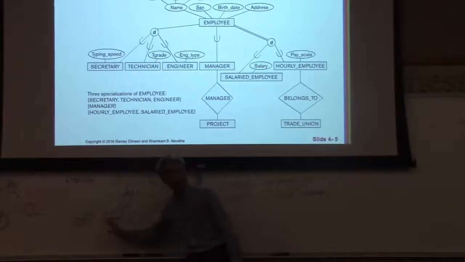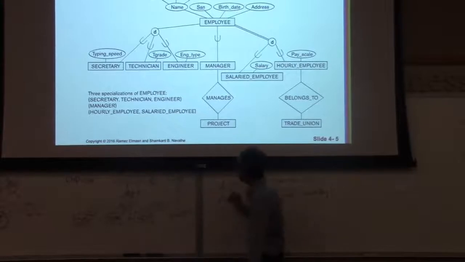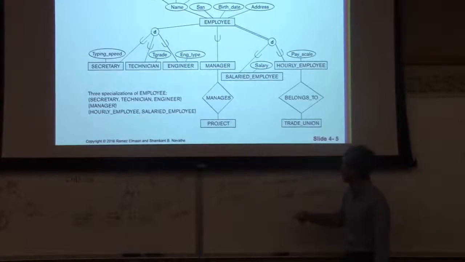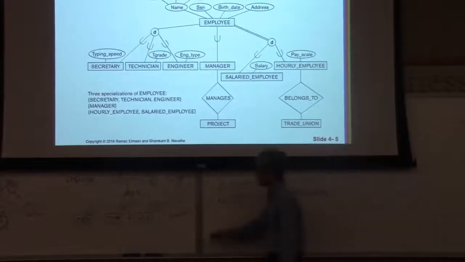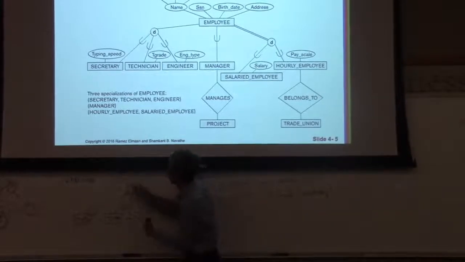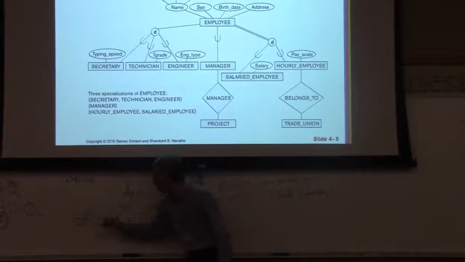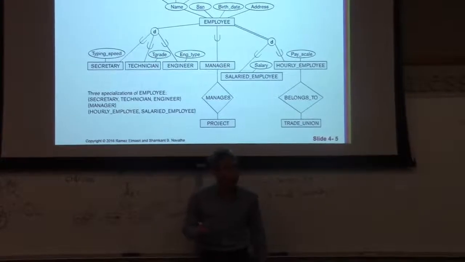None, you do not allow both of them. That is disjoint plus partial. Or disjoint plus the full means we do not allow this double line. So one of this employee.